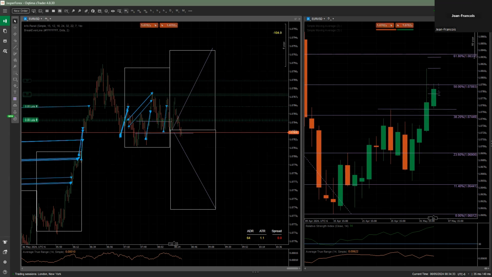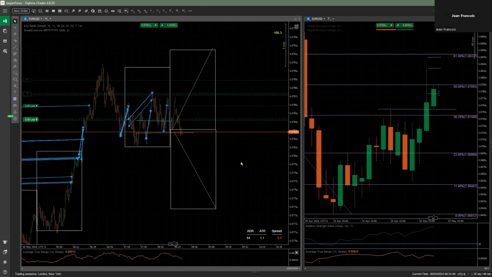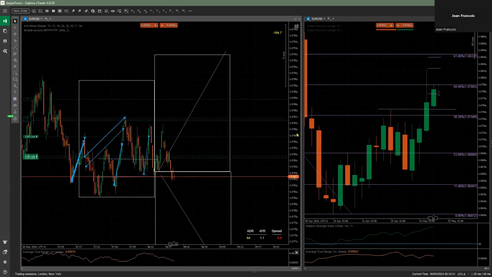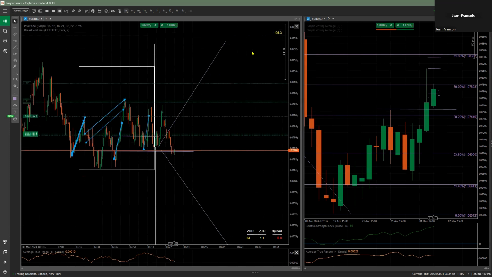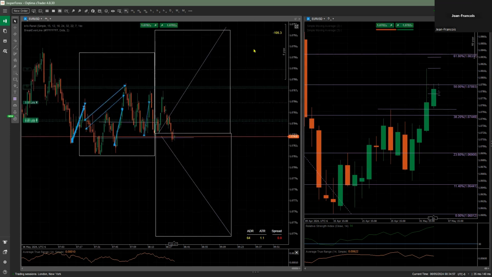You have a whole bunch of news coming through, all Euro related. I'm just looking at the calendar for overnight and tomorrow. Don't worry, folks. Volatility is incoming.